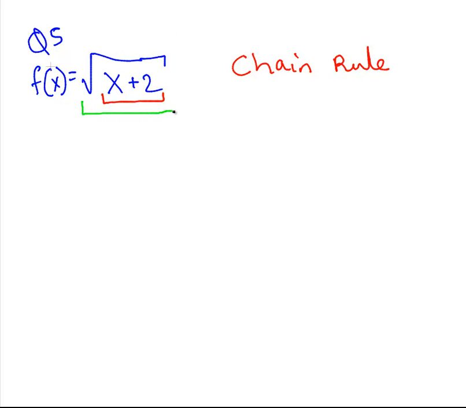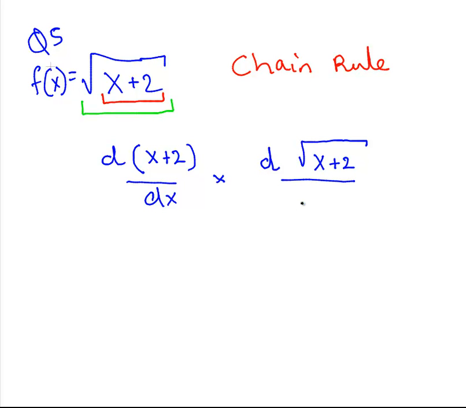So essentially, we're taking the derivative of x plus 2 with respect to x, and the derivative of the square root of x plus 2 with respect to x plus 2. So we just multiply those two out.